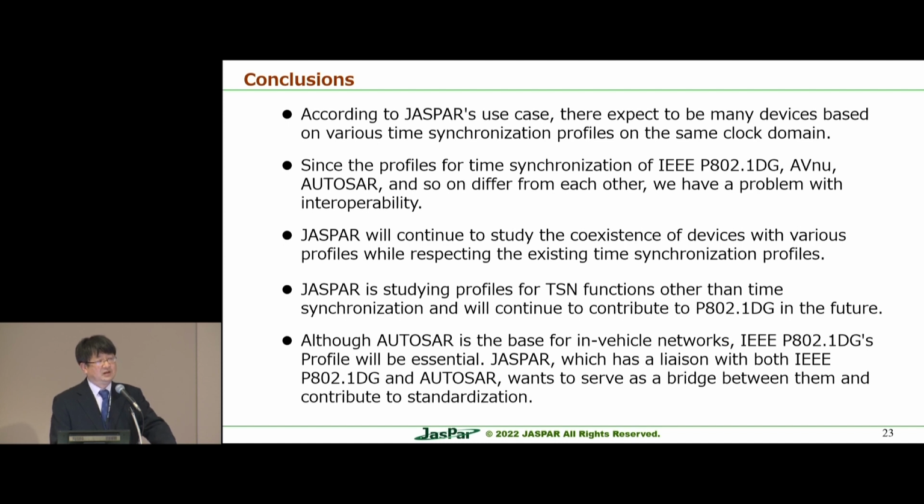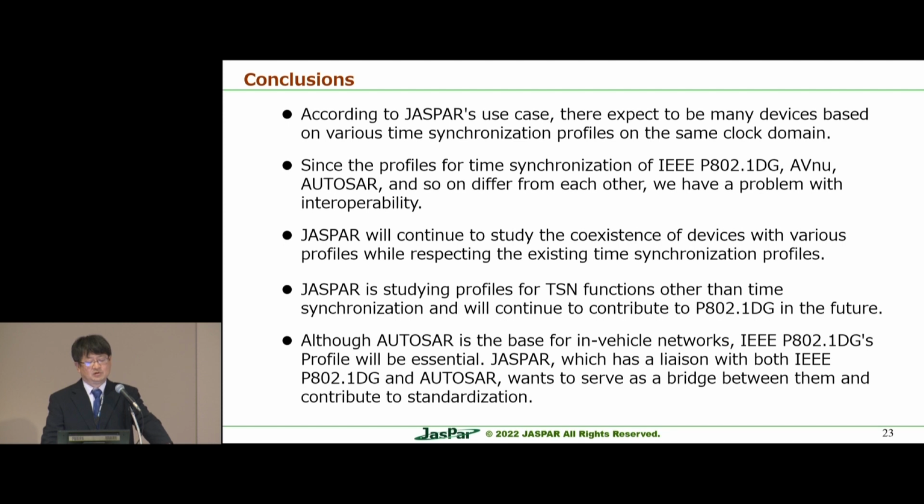And finally, I'd like to conclude our presentation by summarizing. According to JASPAR's use case, there can be many devices based on various time synchronization profiles on the same clock domain. And since the profiles for time synchronization of IEEE P802.1DZ, Avnu, AutoZA, and so on differ from each other, we have a problem with interoperability.